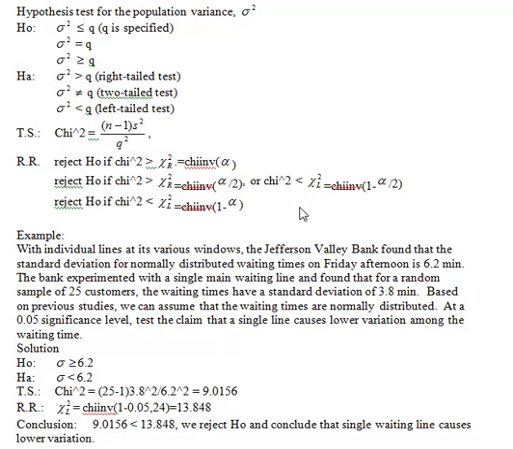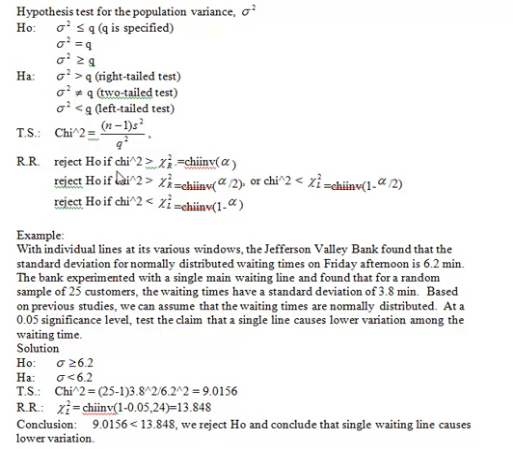Chi-square left, we use CHIINV; in parentheses, you input 1 minus alpha over 2. Now, if we have left tail test, then critical value chi-square left is CHIINV; inside parentheses, you put 1 minus alpha.